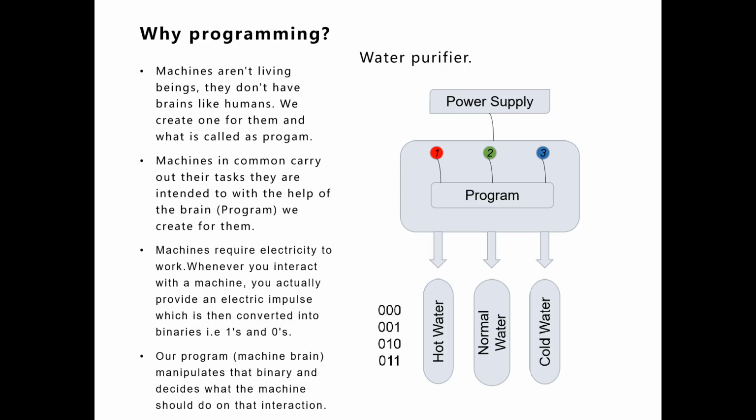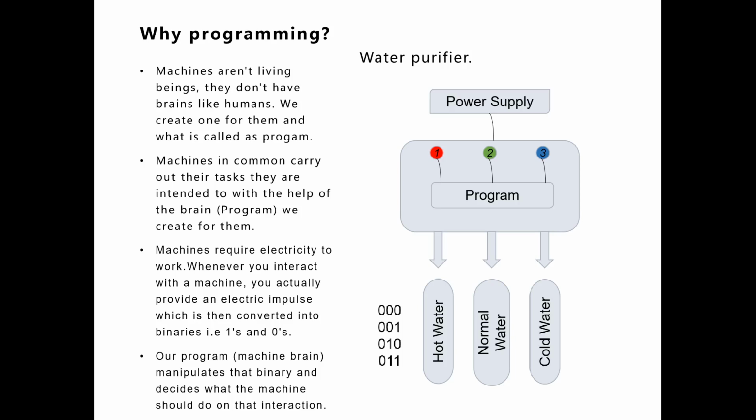On pressing 1, a certain amount of voltage is passed and converted into a particular binary number, and in the program we can specify that whenever you receive this particular binary number, suppose 001, you are ought to pass that signal to this valve so that it opens the valve near the hot water. Thus we write the decision making program. Program does nothing but make decisions in most cases.